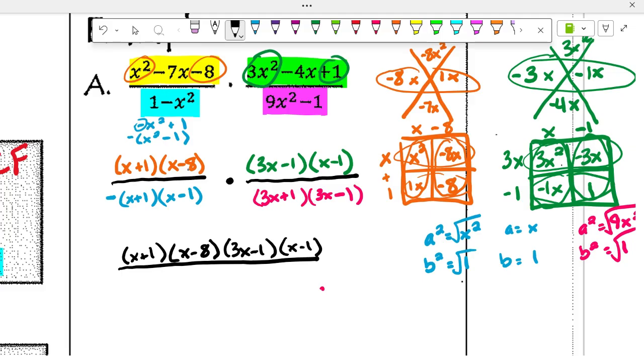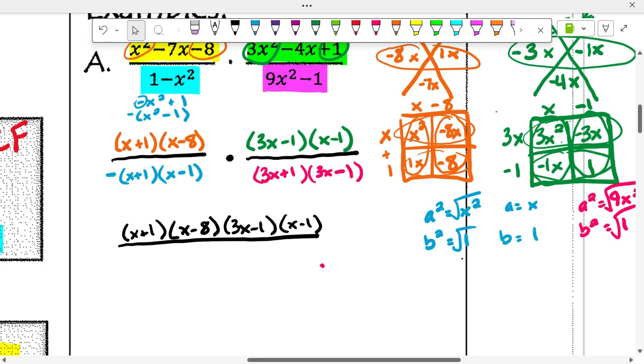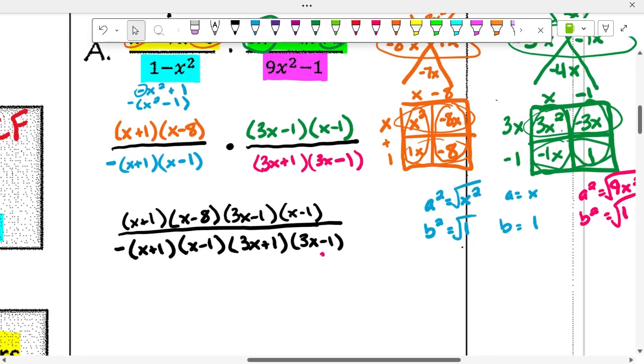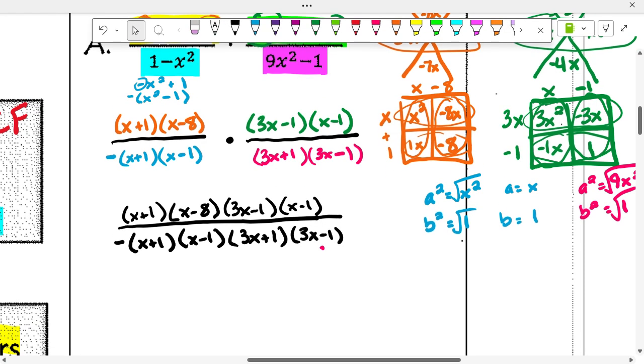So all I did was write straight across the top. And I'm going to write everything in the bottom at the bottom. So negative x plus 1, x minus 1, 3x plus 1, 3x minus 1. And the reason I did that is because it makes it a little easier to see what I need to cross out.